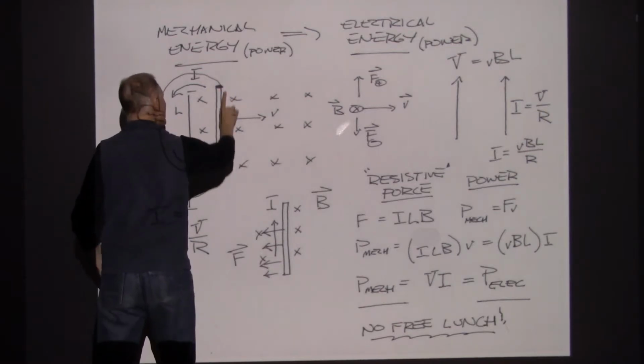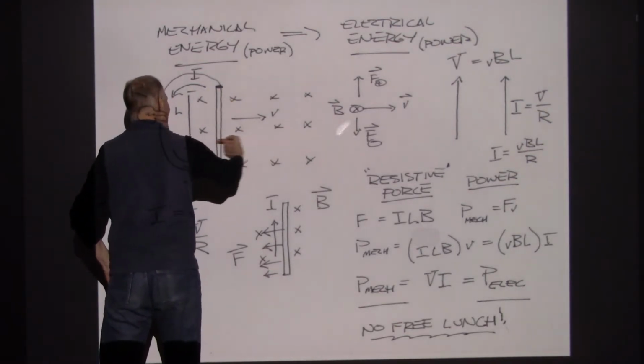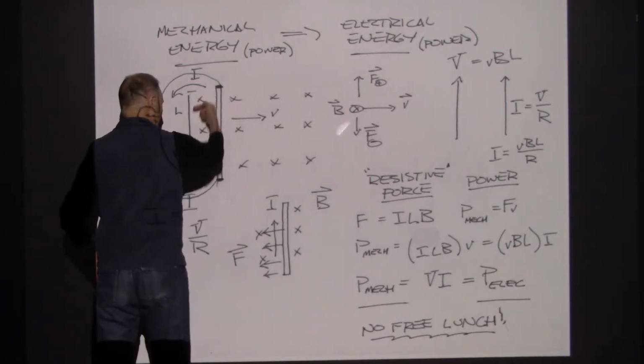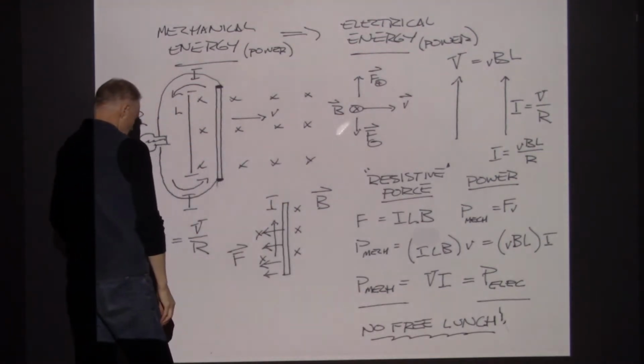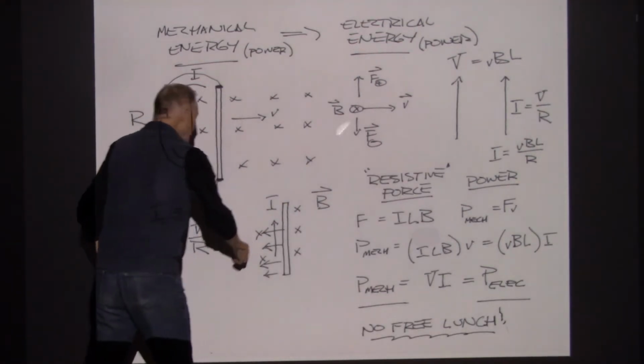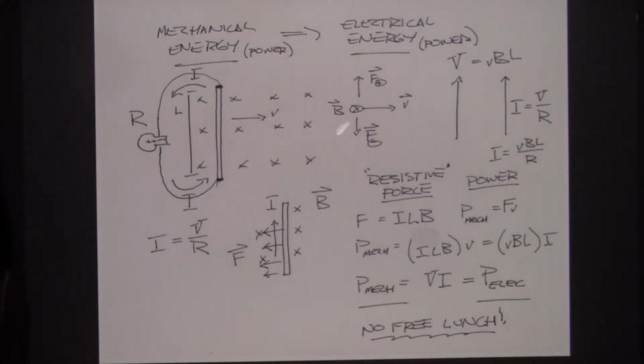But now that the current's moving, and there's an external magnetic field still, that's going to create a force in this direction. So once the current starts moving this way, I'm going to have a force, and notice the direction of that force. That force is opposing the motion of the generator.